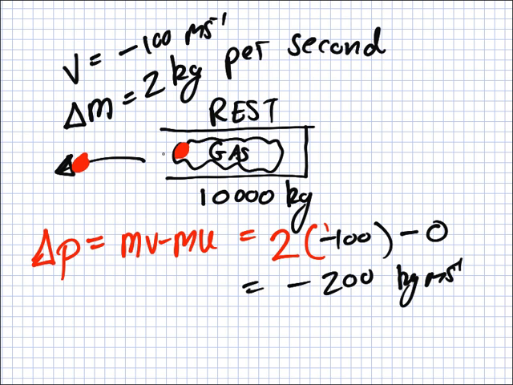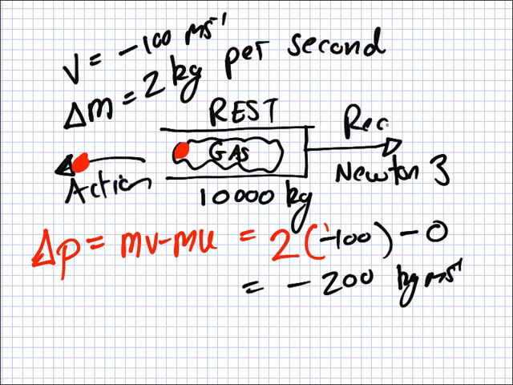Okay? But do you remember the picture I gave you with the balloon? If the gas is coming out the back, what will happen here? This will move forward, and this is because of Newton's third law. Action has a reaction. Okay? And not only that, the action here will equal the reaction here. So what I can do, that's delta P. I can divide both sides by delta T. But in this question here, how big is delta T?